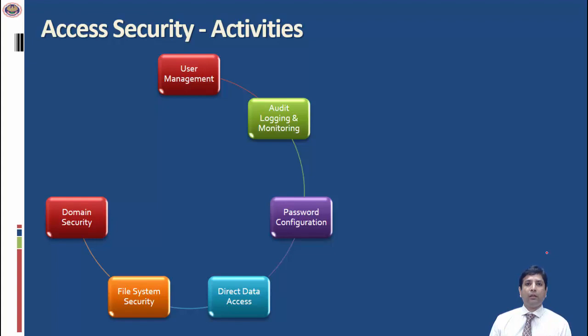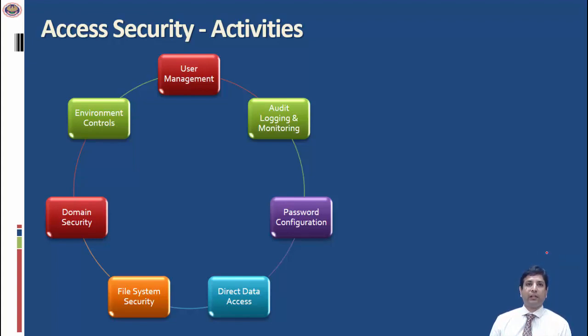Domain security relates to the network level security or the operating system level security within the IT infrastructure. This comes before the access to ERP is obtained. And finally, like we have seen, the outermost layer contains the environmental controls and the physical security controls. So these are the more common activities within the access security domain.